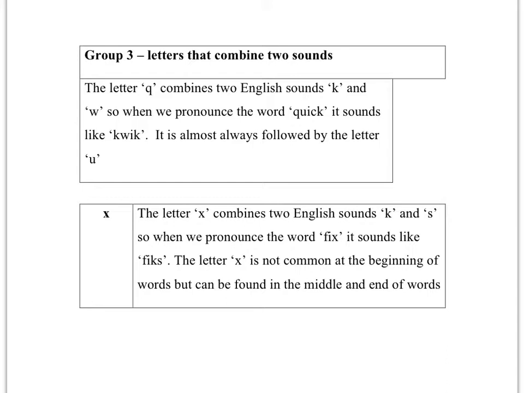And we can generally say that the letter Q in English is followed by the letter U. Another letter that combines two sounds is the letter X, which combines K and S. So when we hear a word like fix, it sounds like F-I-K-S, but it is spelt with an X.